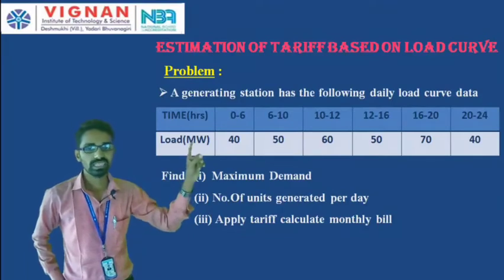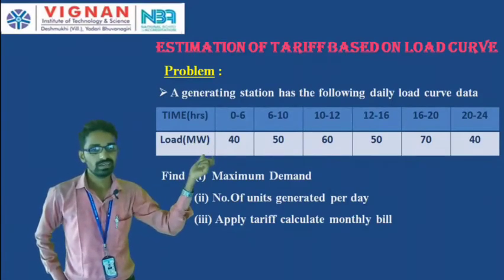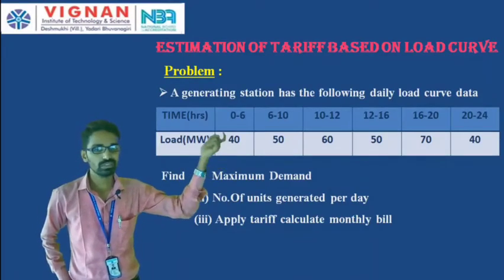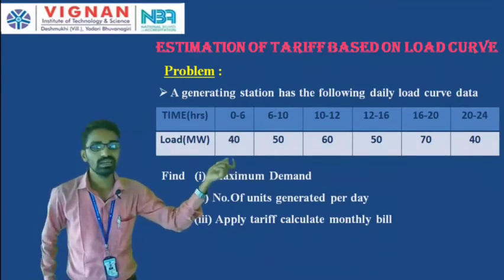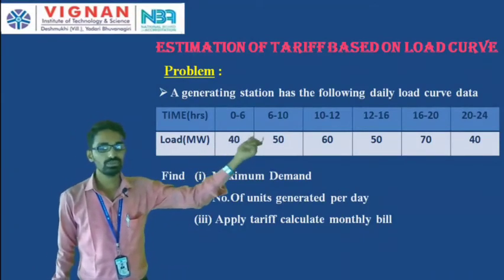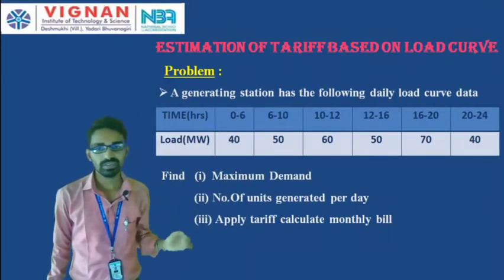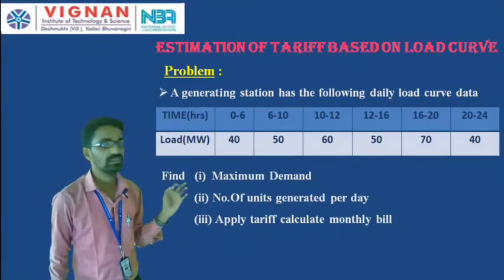It is given for a single day, and then you have the load in megawatts. For 0 to 6 hours it is 40 megawatts, 6 to 10 hours it is 50 megawatts, and 10 to 12 it is 60 megawatts. The data is given like that.